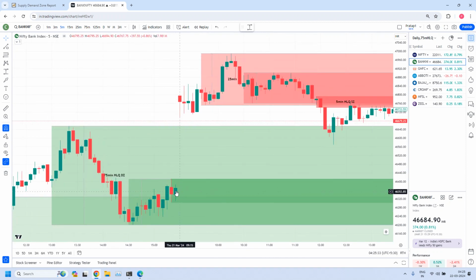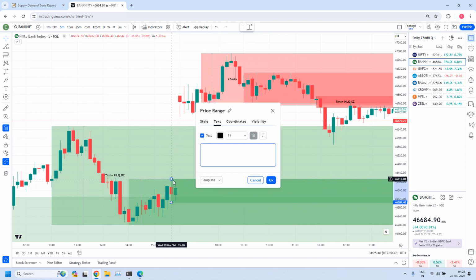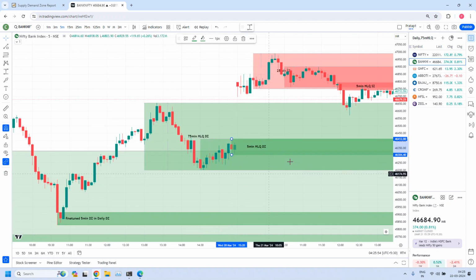So this is the 15 minutes order flow. We have a rally, 2 base candles and a leg out with gap. This is the 5 minutes high liquidity zone. This is the first 5 minutes high liquidity demand zone they created today.